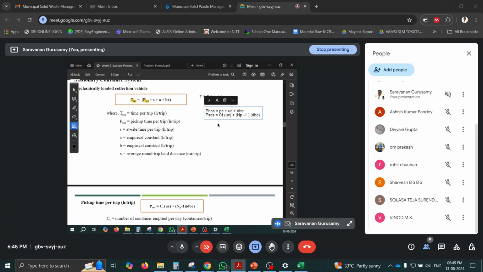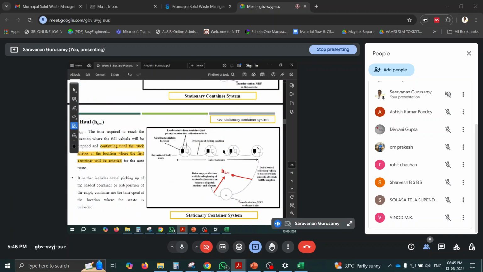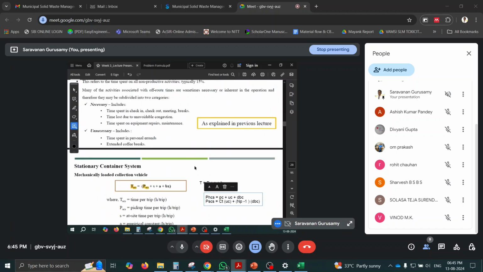This is also the number of locations into loading. If you are going to 4 locations, then 4 locations into the time required for one location to empty the container, that is, 4 locations into the time required to unload, and then 4 minus 1 into the distance traveled. That's the pickup time.